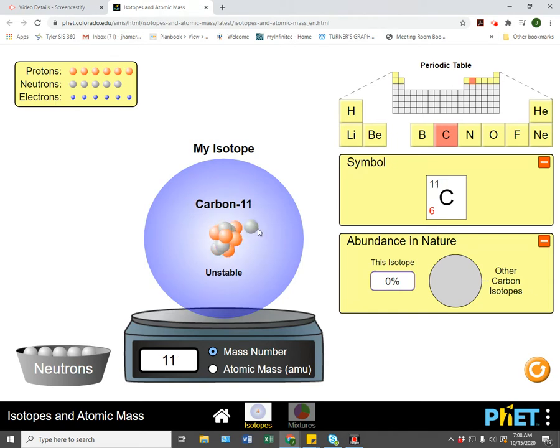You might have also noticed if you added too many, so it becomes stable. If you add too many neutrons, it becomes unstable. This is because the strong nuclear force also acts like a magnet. And if you think about magnets, the attraction and repulsion, the further apart from each other they get, the weaker that push or pull is.